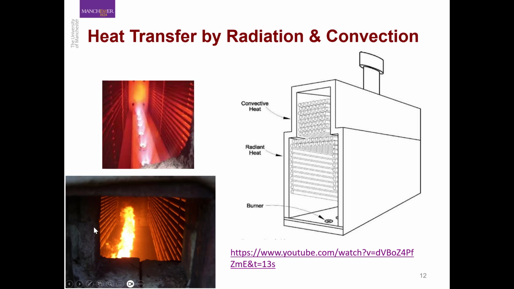And here you see the viewing window, and as I explained previously, these viewing windows are very important because experienced workers can adjust the air to fuel ratio by looking at the flame color or the flame nature. Okay, and here I have a very interesting video that I just want to show you. This video is mainly talking about boilers, but as I said, boilers are another example of a fired heater. So let's have a look at that.